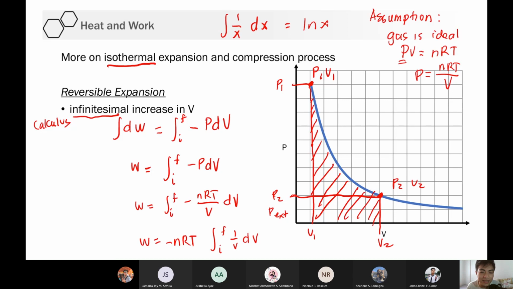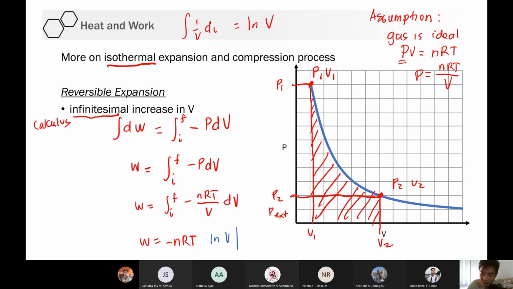Okay? So that is the natural logarithm of x. But since ang variable ay V natin, 1 over V dV, so that is the ln of the volume. Okay? So this thing here is just the ln of the volume.